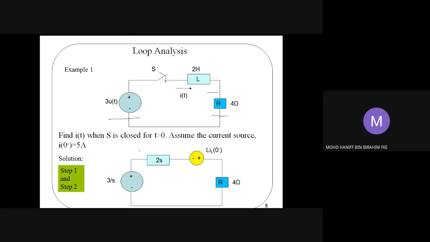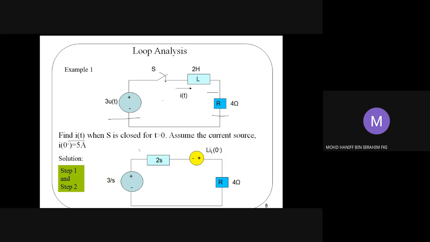For this example, you need to find the value of i(t), the current in the loop. It is given that the switch is closed for t bigger than 0, which means that initially the switch is open, and suddenly at t equals 0 the switch is closed, and only then can current flow through the circuit.